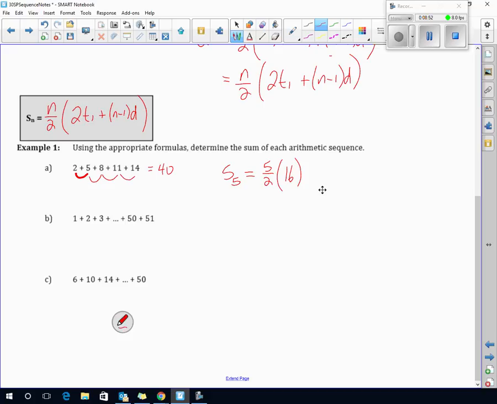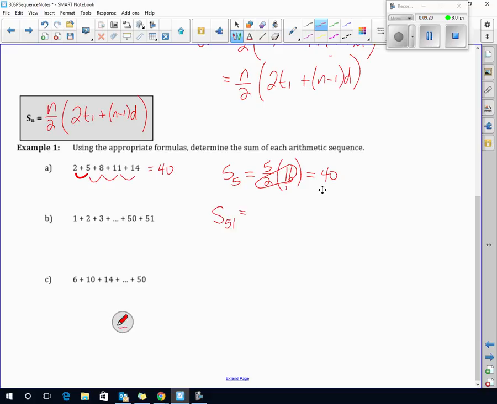Okay, so now we're not going to actually take our calculator and add up 1 through 51. We're going to use our formula. So how many terms are 1 through 51? 51. So we're finding S of 51. So 51 terms divided by 2. And what's the first plus the last? 52.